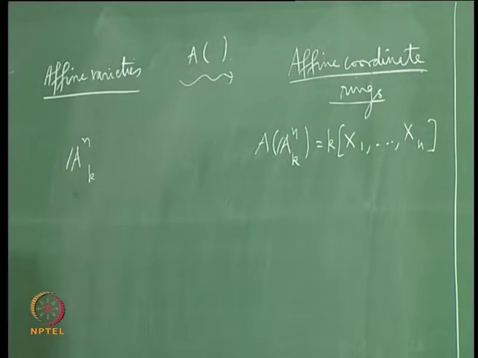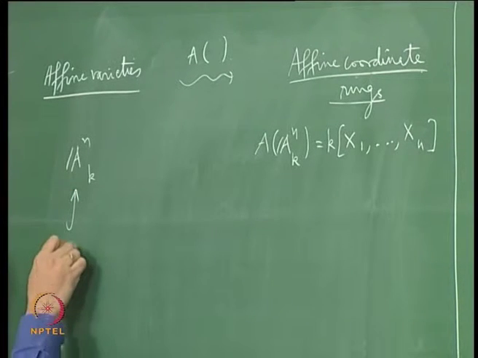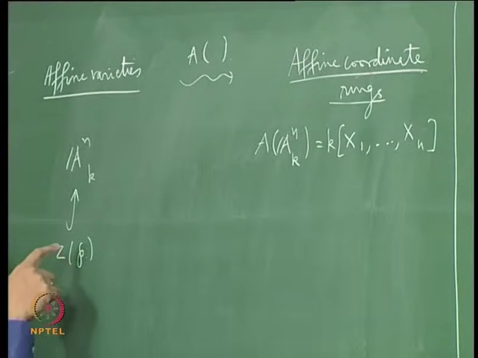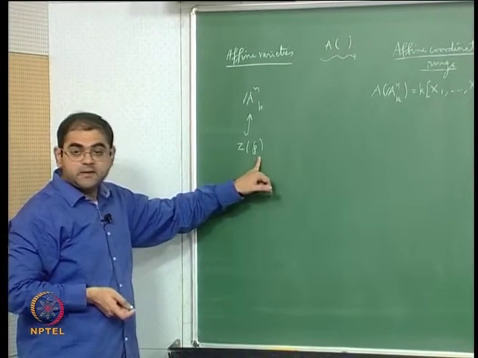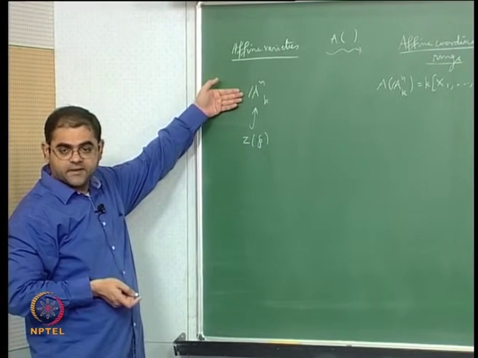And if you give me an irreducible closed subset Z(P), for P a prime ideal in the polynomial ring, the zero set of P gives an irreducible closed subset of A^n.